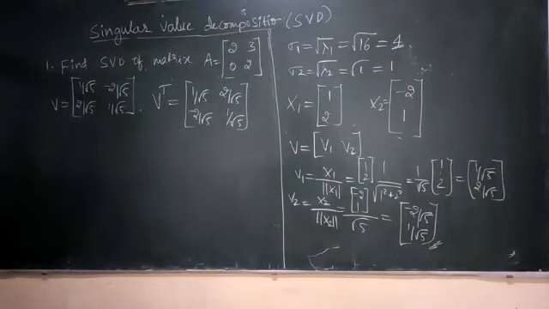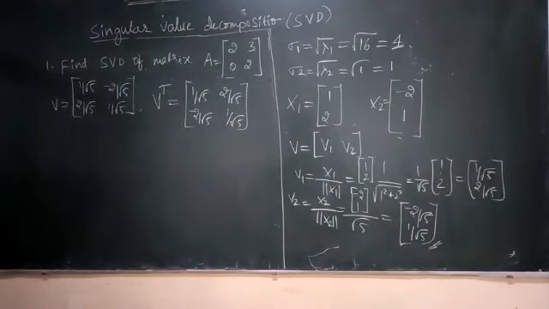Then we have to find the matrix U. For the matrix U, we have to find U1 and U2. Therefore, U1 is equal to A V1 divided by sigma 1. Here, A is the given matrix, V1 is this matrix, and sigma 1 is the singular value.